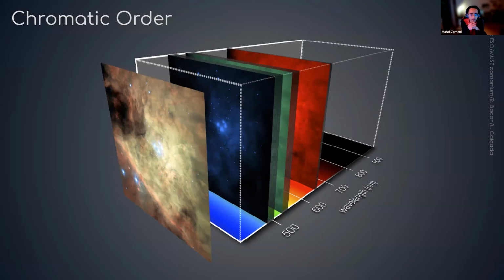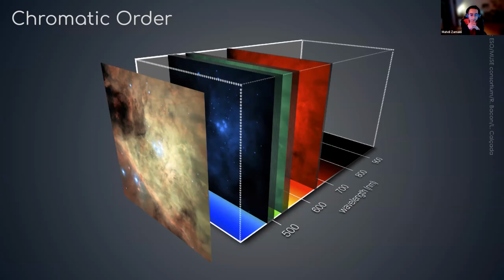So we have a filter taken around the wavelength of 500 nanometers, another filter taken around 550, 560, another one around 625 nanometers.